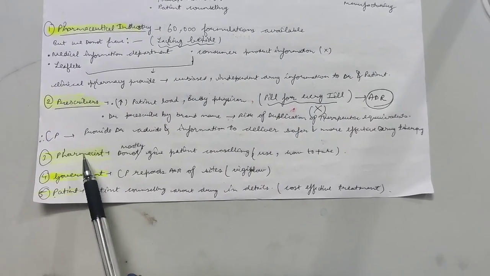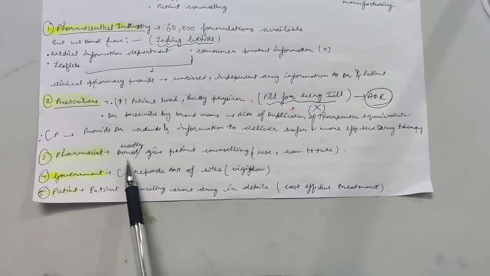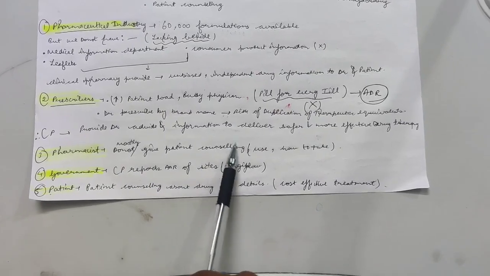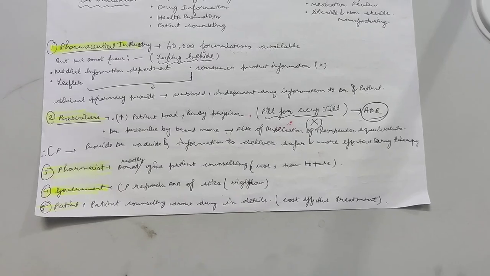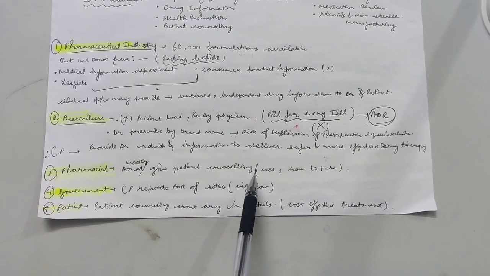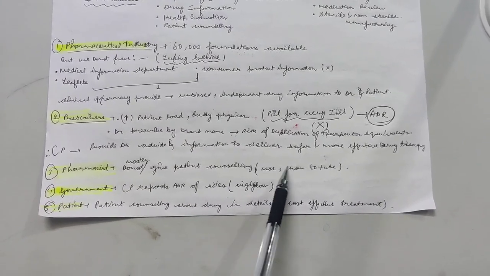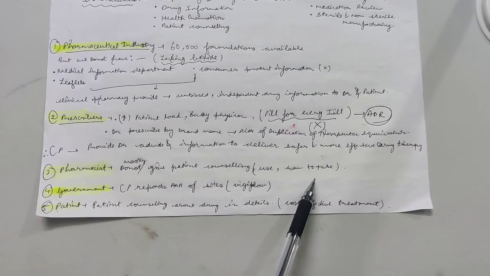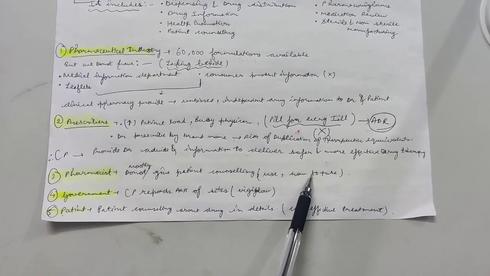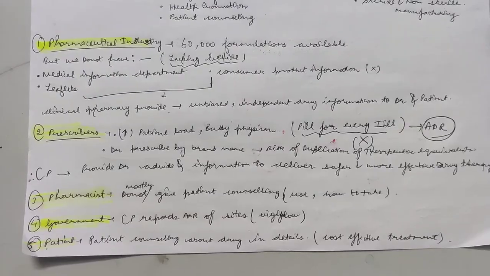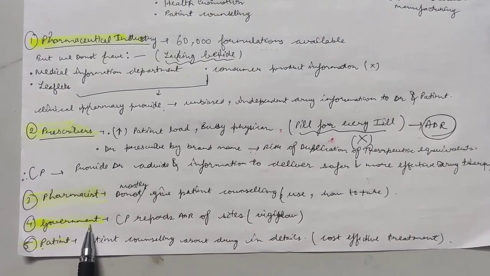Next is the third, pharmacist. Mostly pharmacists do not give patient counseling, as many pharmacists are not aware about the uses of the drug, how to take the drug, when to take the drug, so they do not make the patient aware.